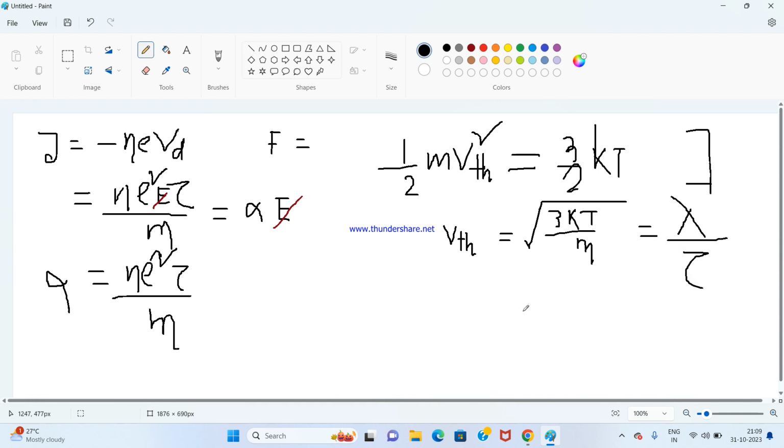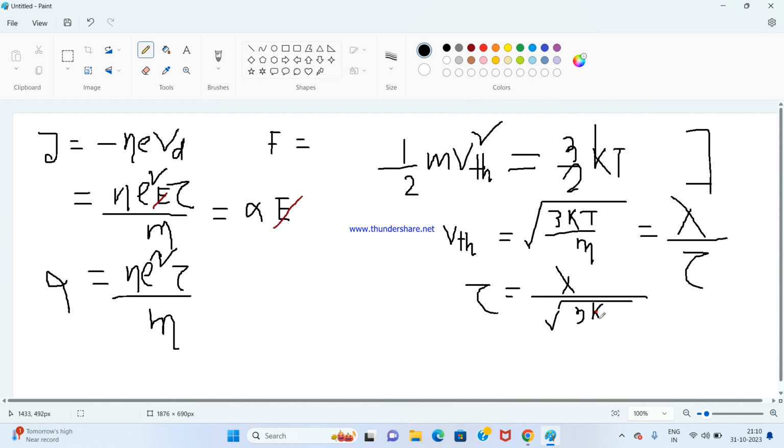From here, if we find tau, it will be lambda divided by root over 3kT by m.